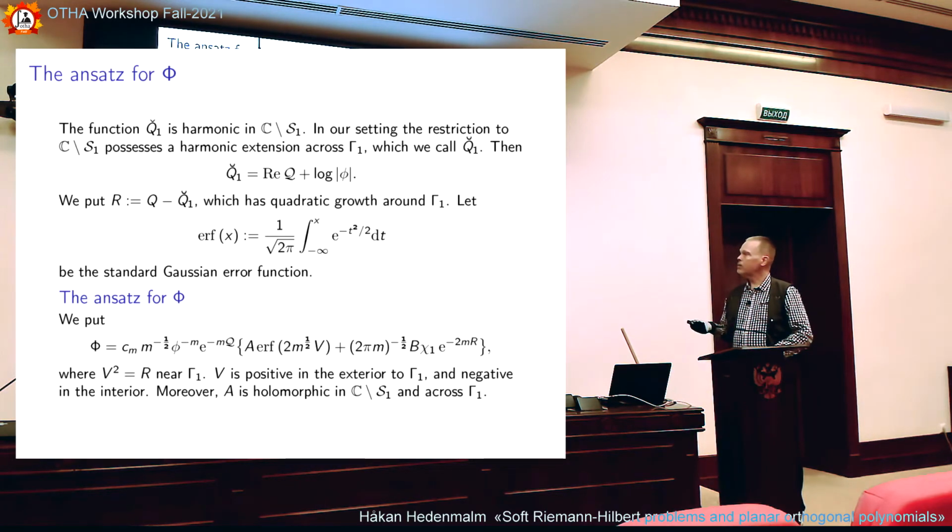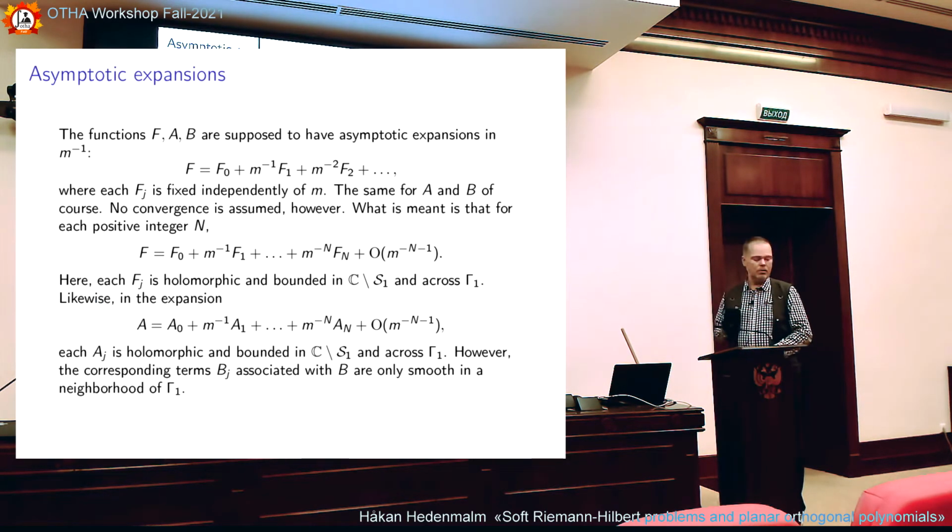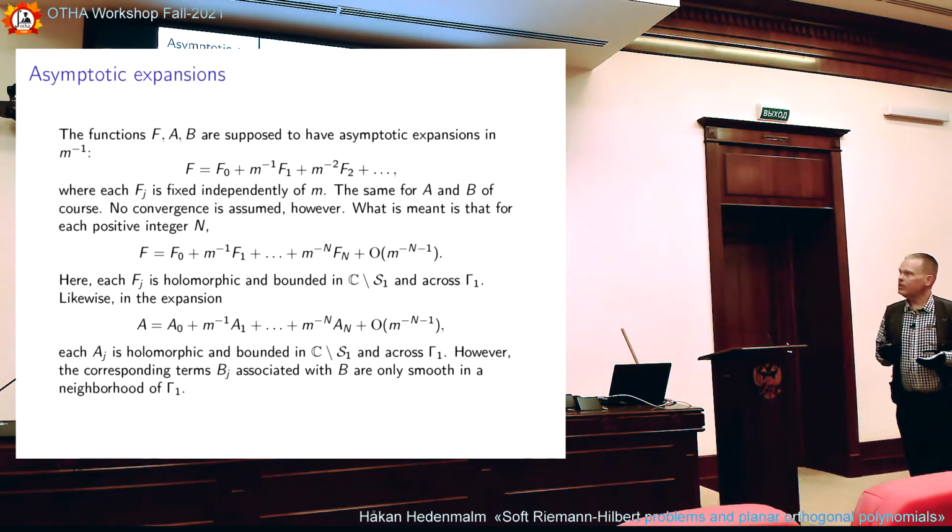Okay, and we did this. And now, in fact, it turned out I did nothing much yet. I didn't make any assumptions on this function f and on the functions a and b. But I need to fix some kind of reasonable behavior of those functions. It turns out that it's possible to assume that f has an asymptotic expansion in 1 over m, like a Taylor series, and that a and b have such expansions as well, and the coefficients don't depend on m anymore.